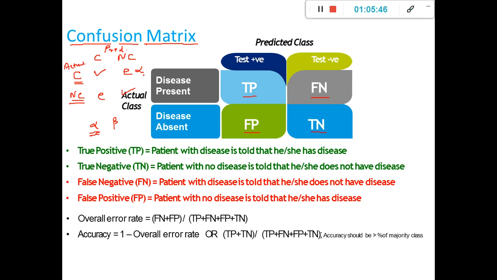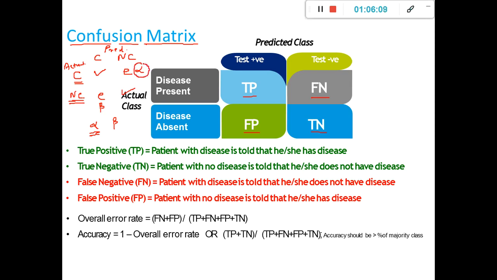Which means this is going to be my alpha error. And if the person is not having cancer and the model predicts that you are having cancer, the person will be frightened and probably go and do another check at another institute or laboratory, and eventually find out that he is not having cancer. That is why this error is not that significant, which is why it is called beta error.